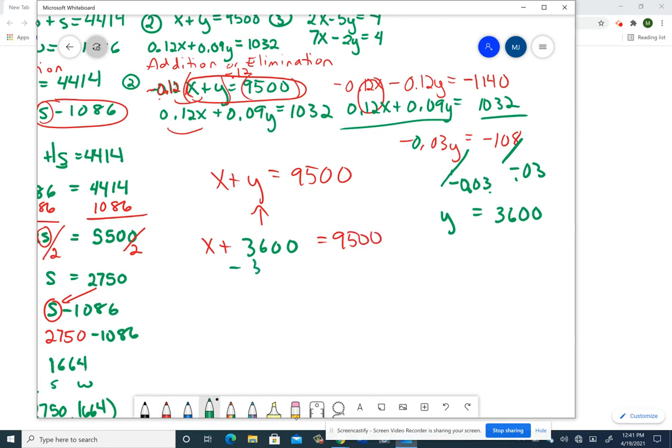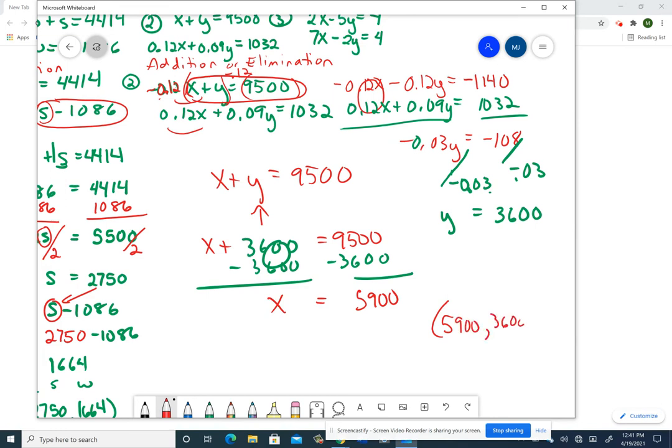So I'll subtract the 3,600 from 9,500. And that's going to tell me that x equals 5,900.